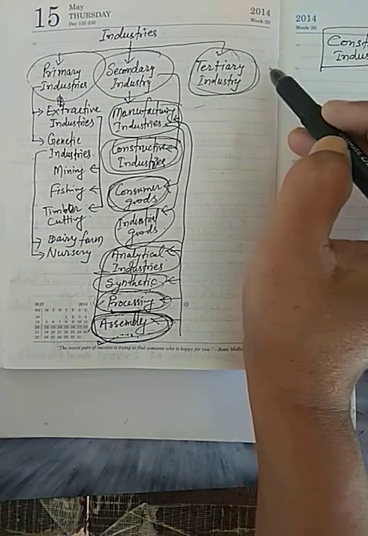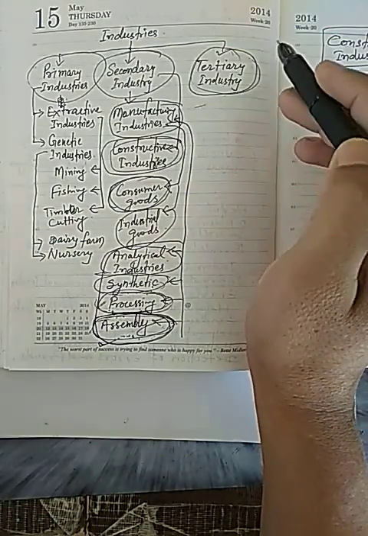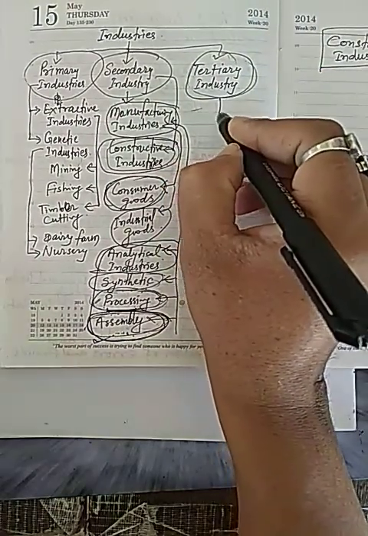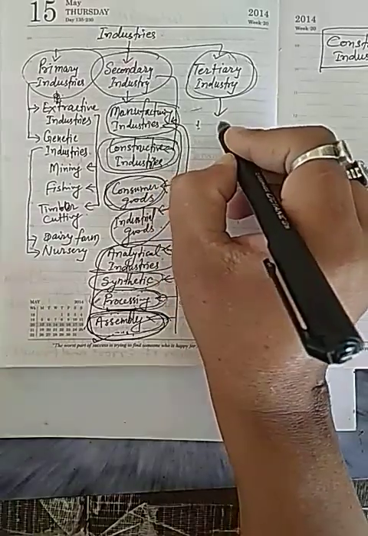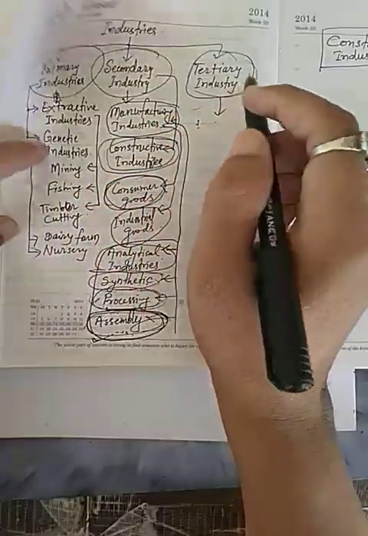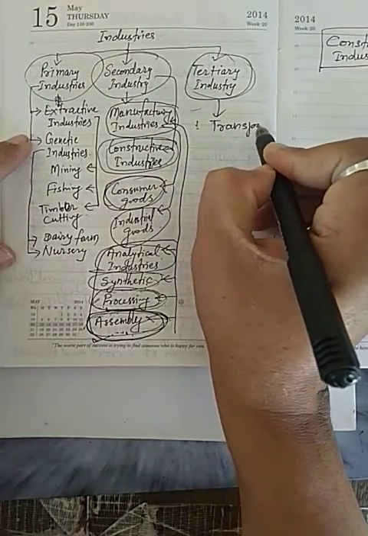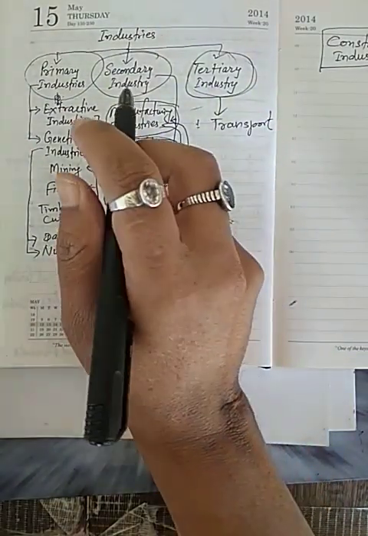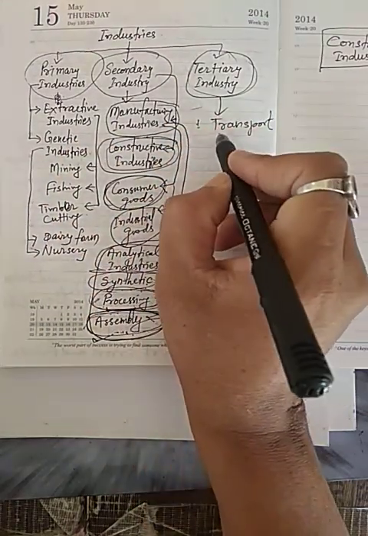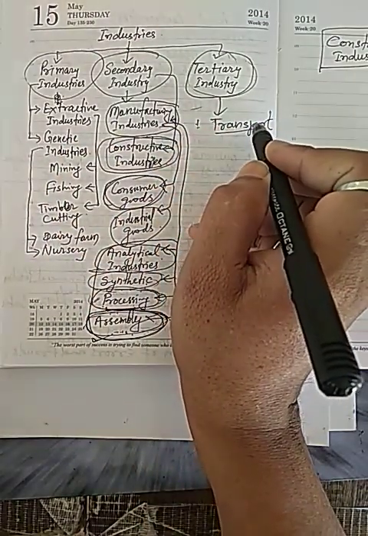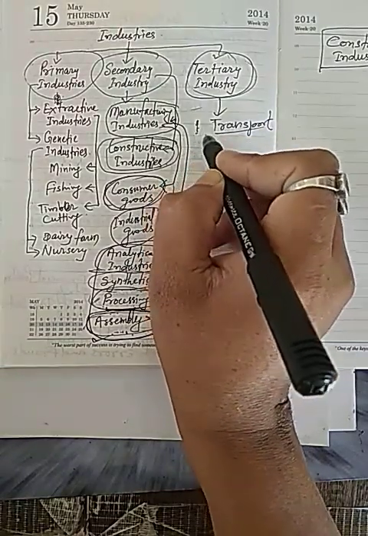The various types of services provided by tertiary industries. Suppose first is transport. It facilitates movement of goods from one place to another place.